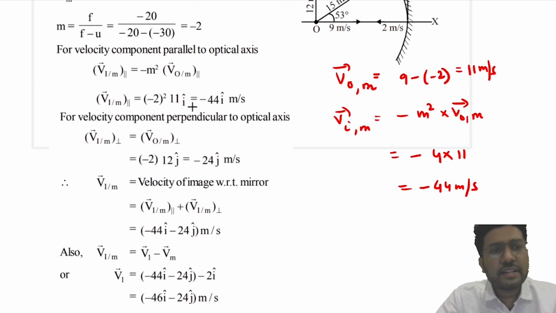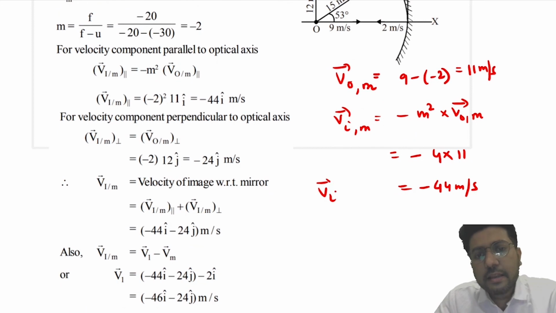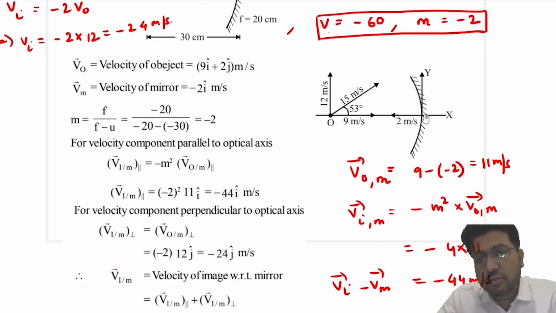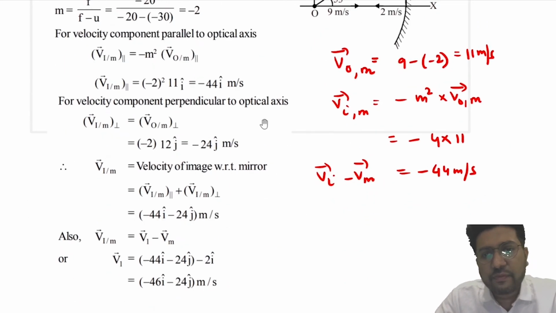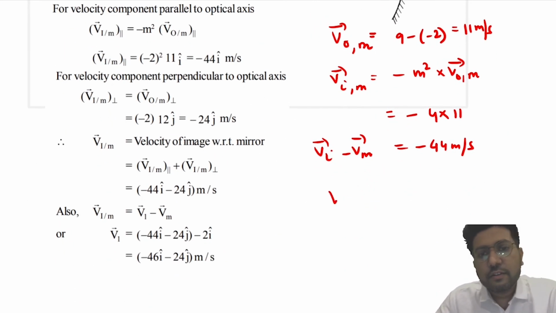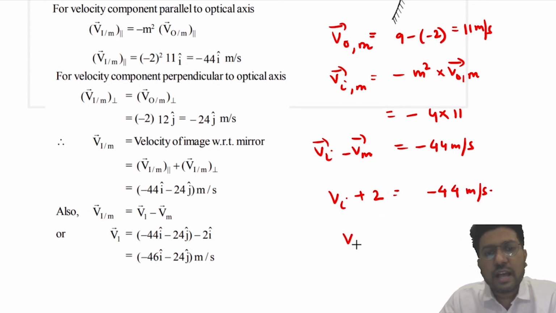So this is Vi minus Vm. And the value of Vm is minus 2, because it is moving towards the left. So Vi minus minus 2, that is Vi plus 2, is equal to minus 44 meter per second. So Vi will be equal to minus 46 meter per second, and this is along the x-axis.